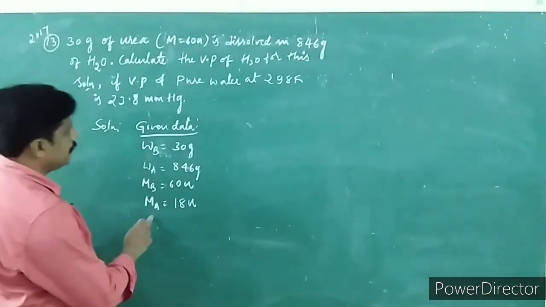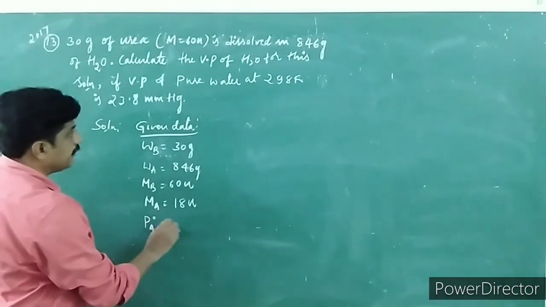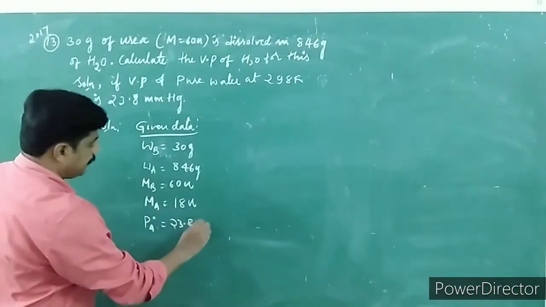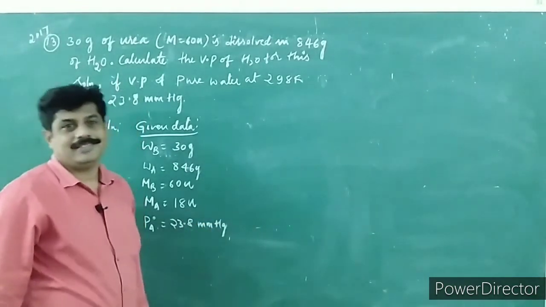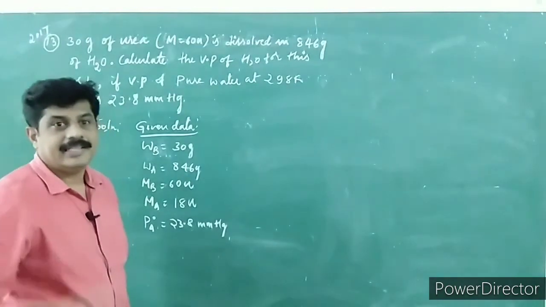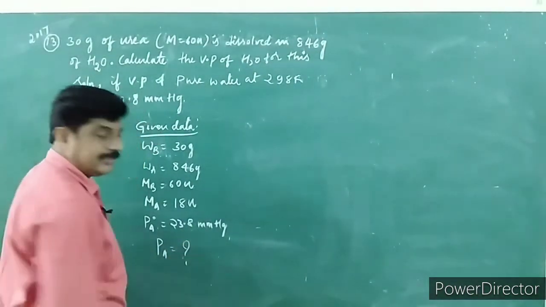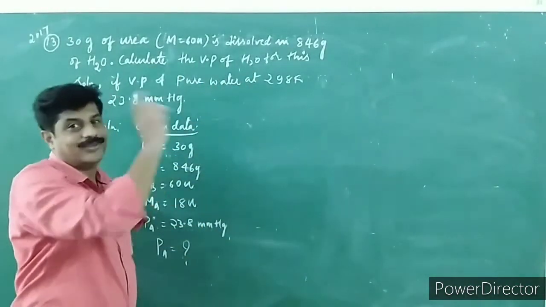Now what else is given here? Vapor pressure of the pure water, that is PA naught, is equal to 23.8 mm mercury. Children, what are they asking? They are asking about PA, that means vapor pressure of water in that solution.